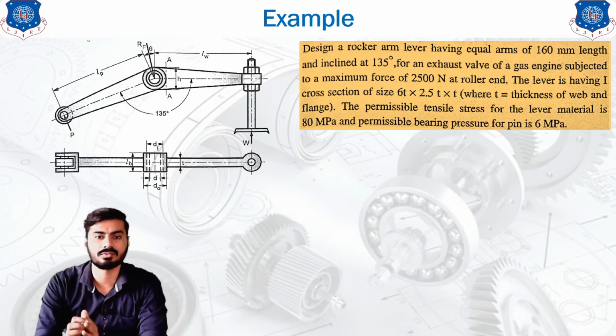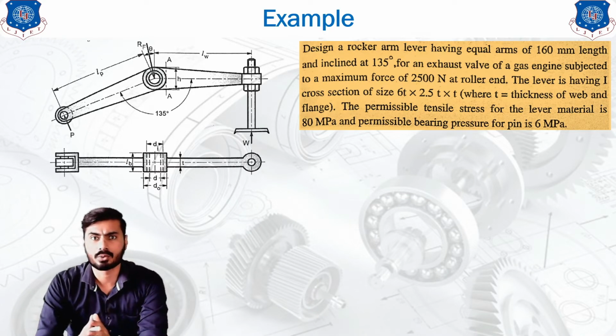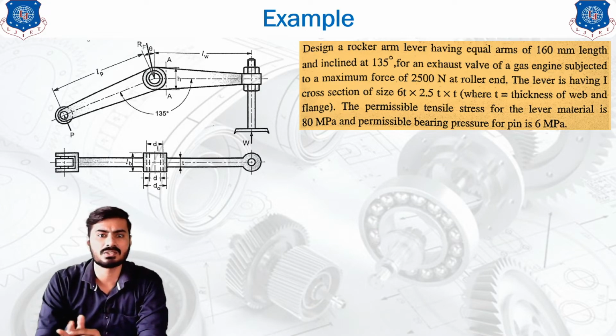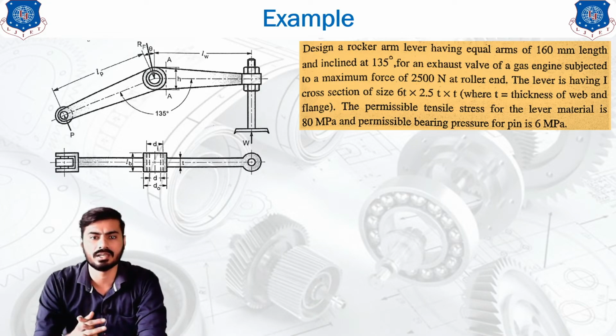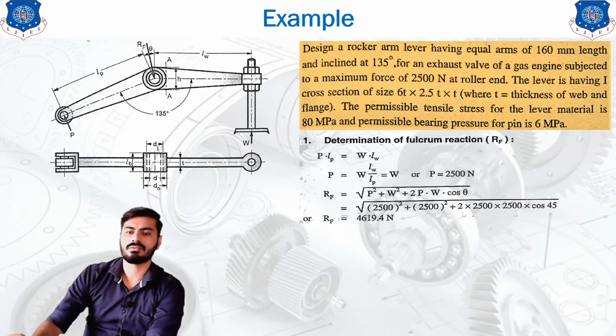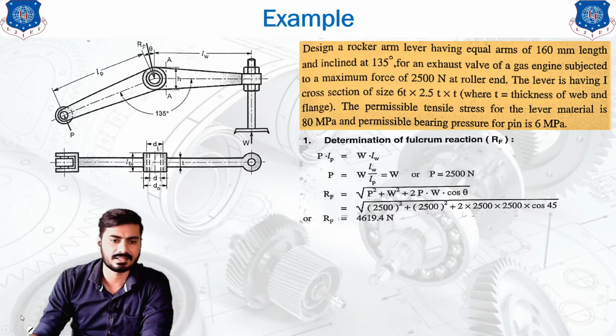This is the design of the rocker arm lever, which we have learned in the previous procedure lecture. As you can see, the angle between the arms is provided and theta is not given, so theta should be calculated using the relationship between alpha and theta. First of all, we will start with the first step of the procedure, that is the determination of the fulcrum reaction.